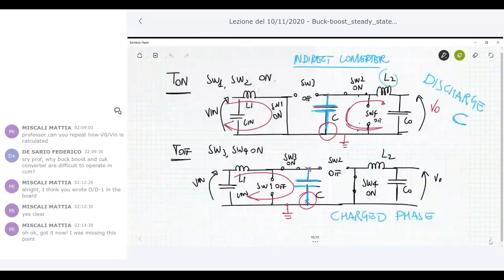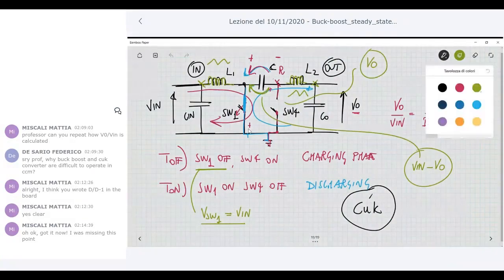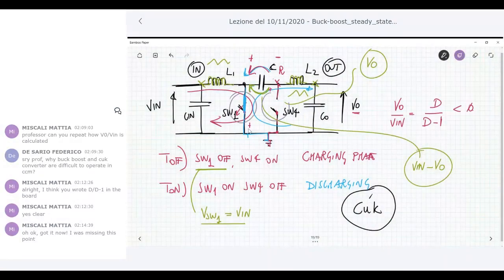In the buck boost you have two high side switches, and in the Chuk converter the switches are low side switches. So this is also another benefit.